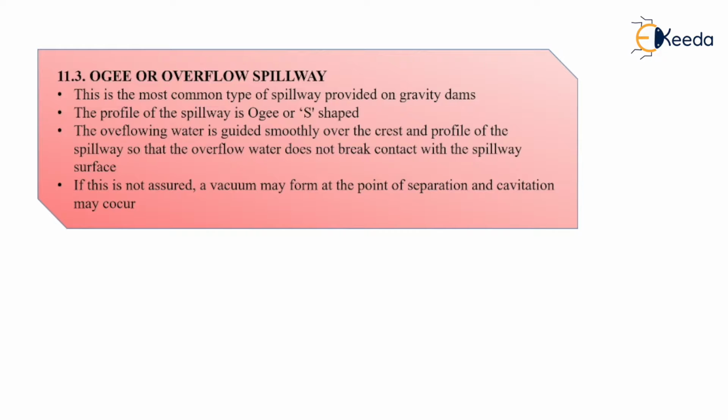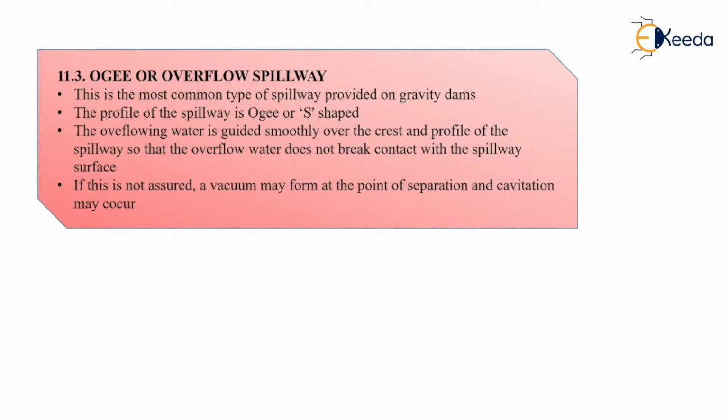Once it glides smoothly and adheres to this section of the spillway, then at the toe section, at the downstream section of the spillway, this energy will get dissipated because of the formation of a hydraulic jump or any other energy dissipating work if we are providing.